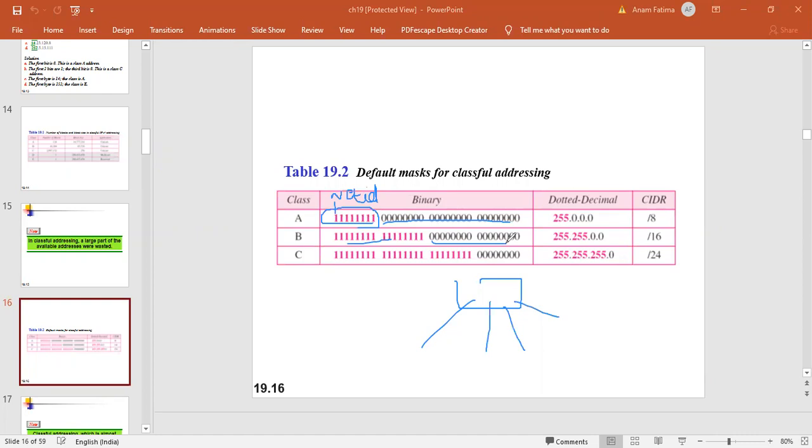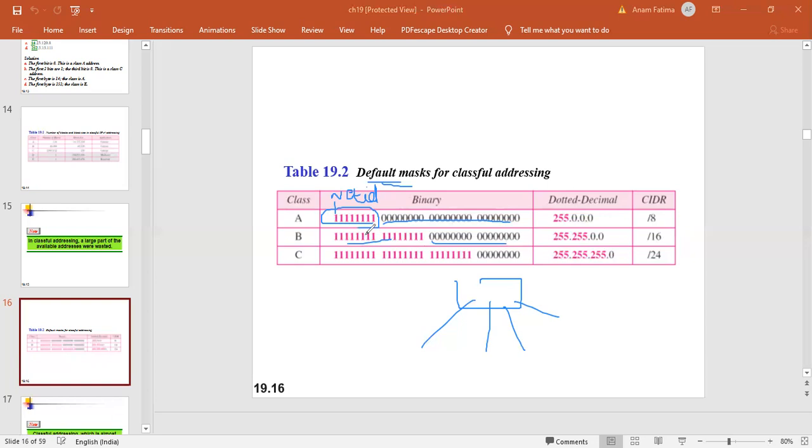One way to represent it is in the form of a mask. We use this notation, the default mask, for identifying the class for addressing.